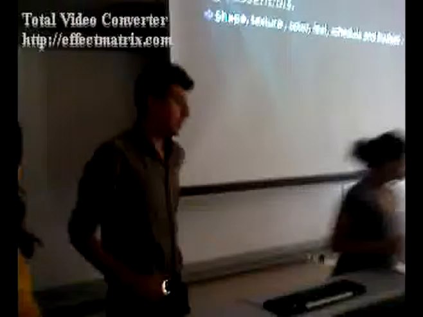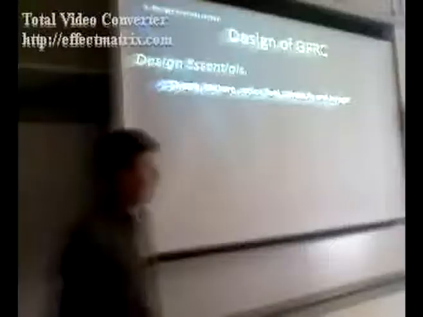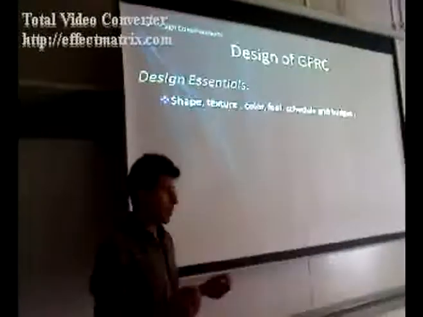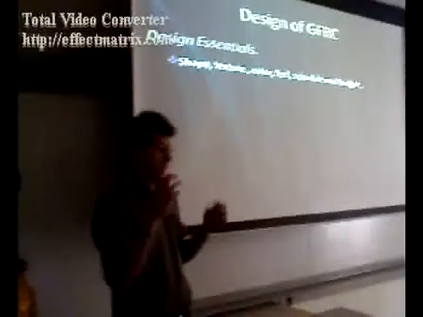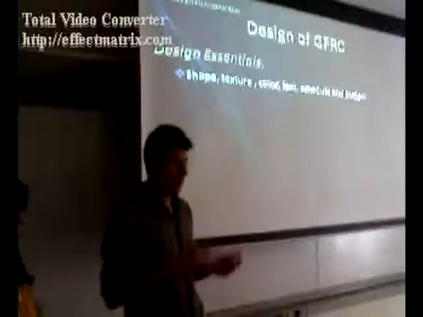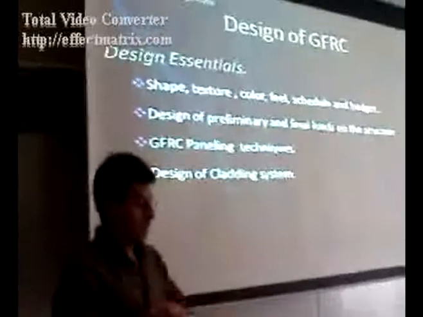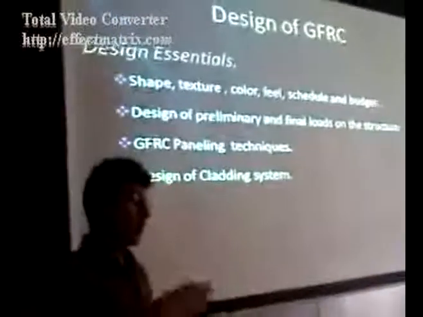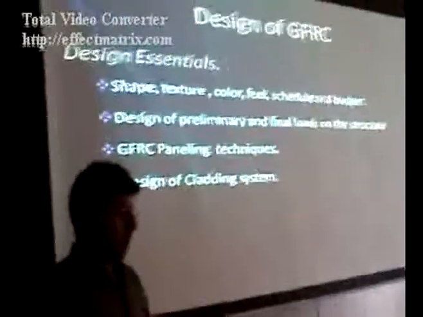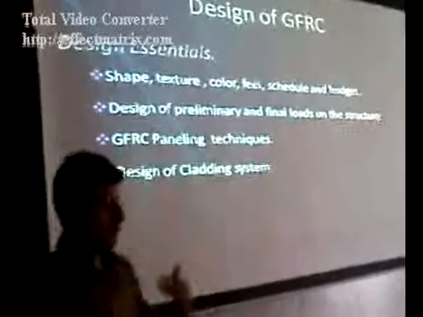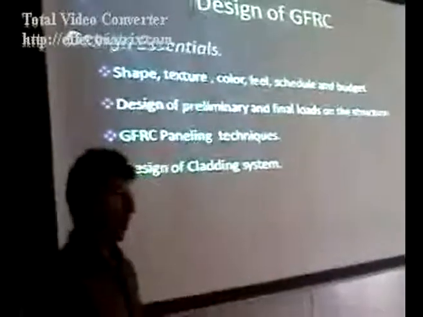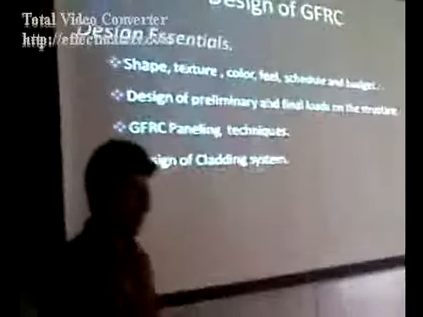Now we're talking about the design. The first and basic thing about the design is the shape, the color, the feel, the schedule, and everything regarding how it looks. Then we calculate the load onto the GFRC.